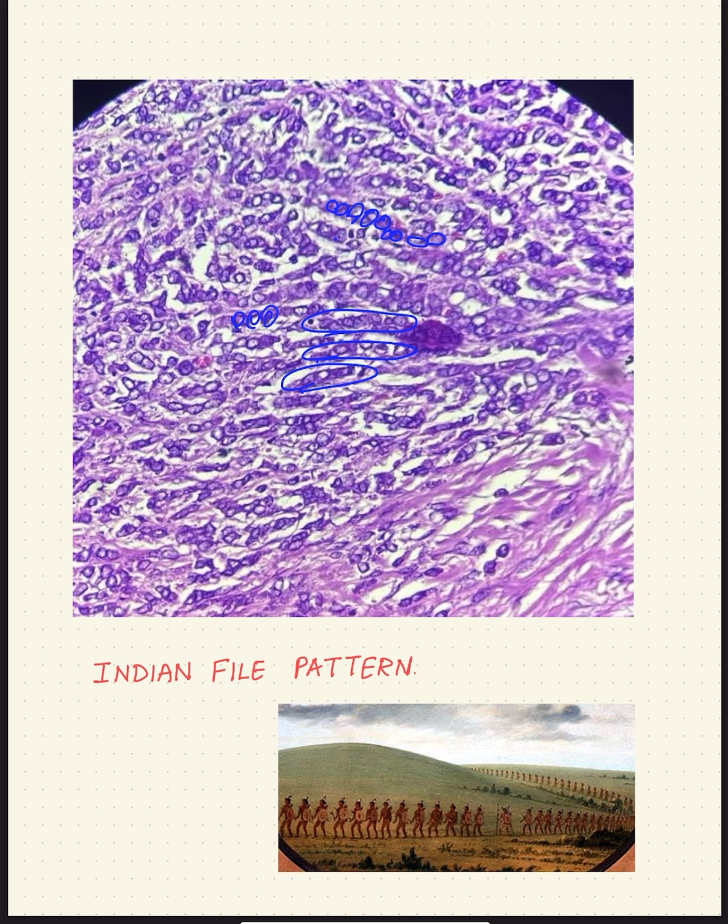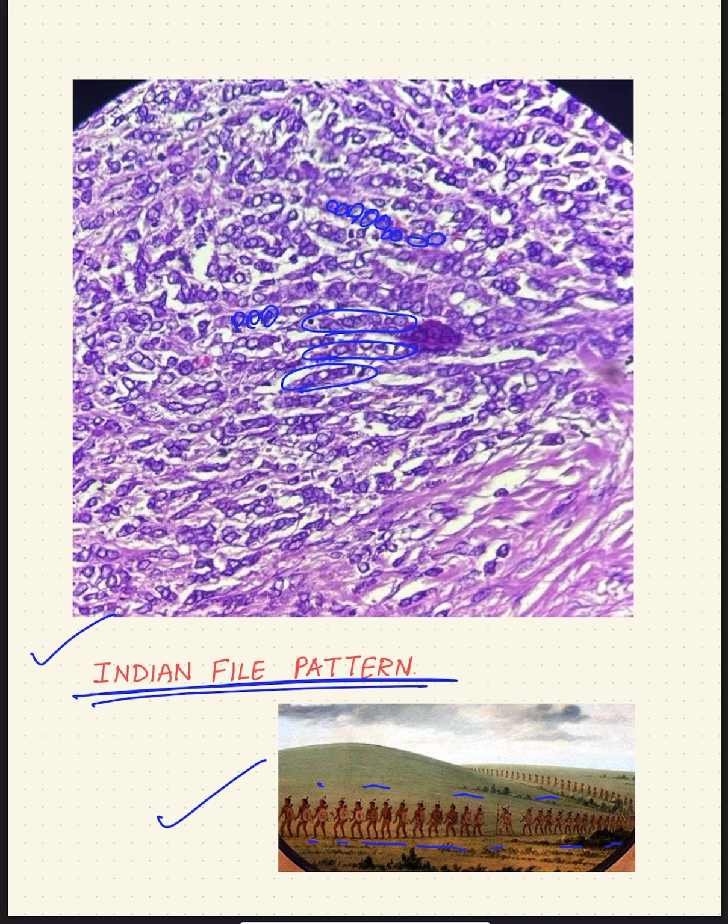Normally, if tumor cells are there, they form a clump. We don't see any clumps or aggregates here. They are dispersed one after the other in a single line. This is called typical Indian file pattern. In olden days, Indians used to go for hunting in this orderly way.